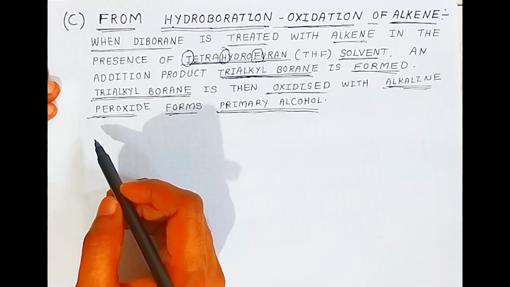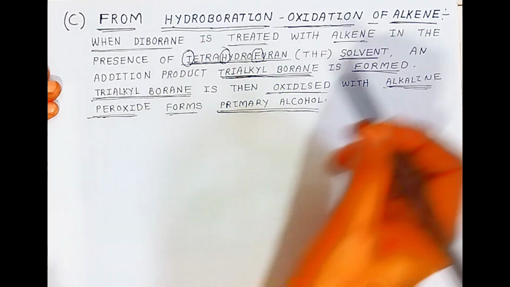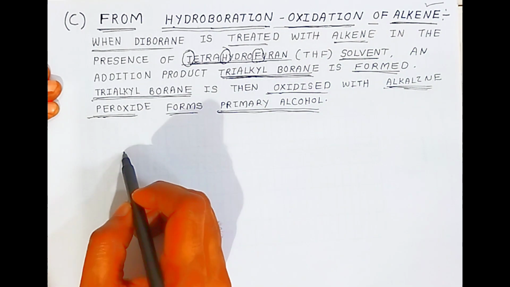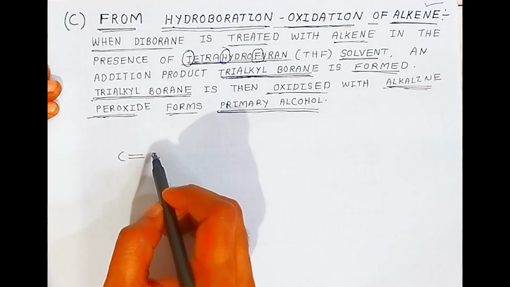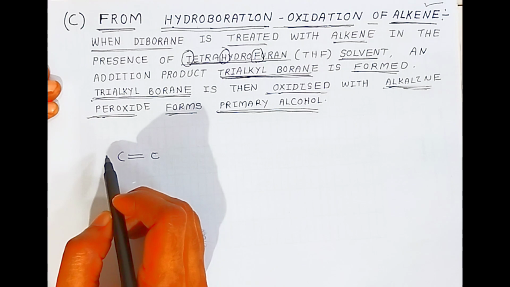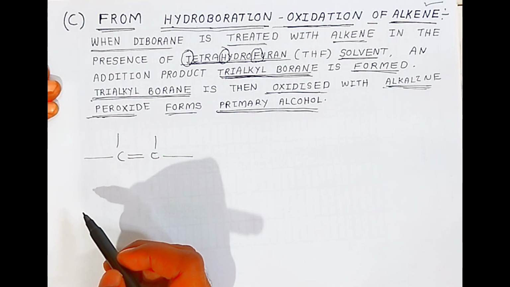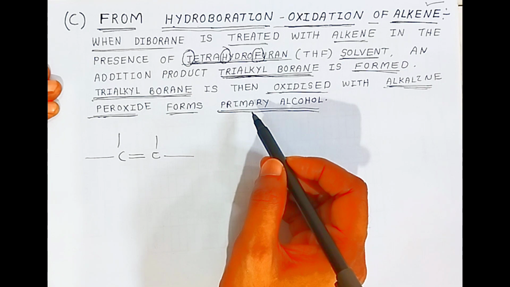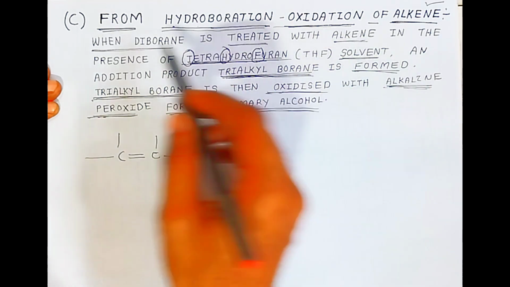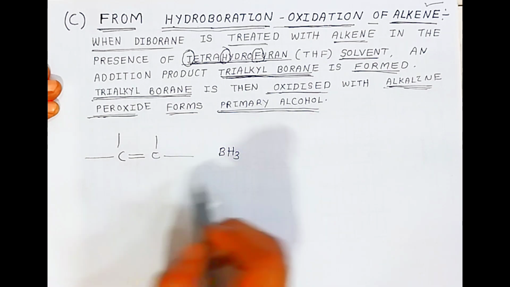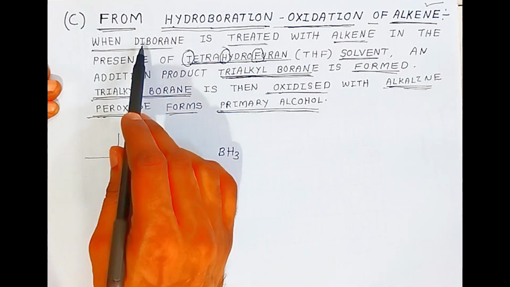Here, students, we are talking about alkenes. Alkene is your raw material. How are you going to write the alkene, students? There is a carbon-carbon double bond. In the general reaction, I am writing this alkene containing a carbon-carbon double bond. What happens, students? This alkene is first treated with diborane.